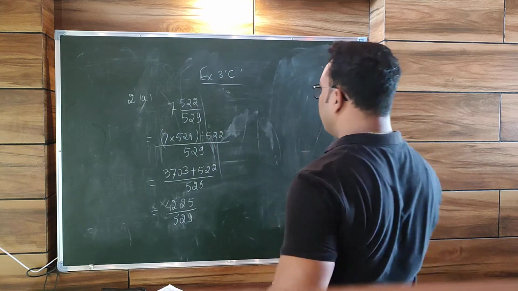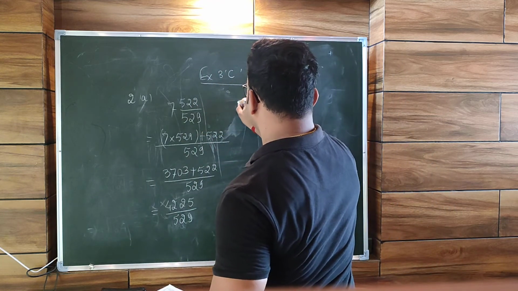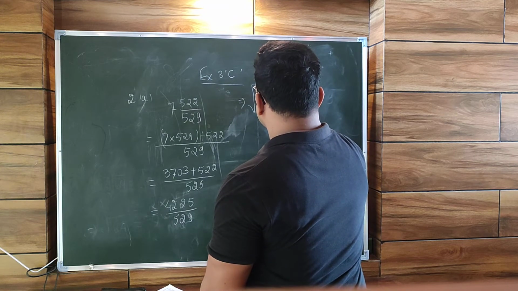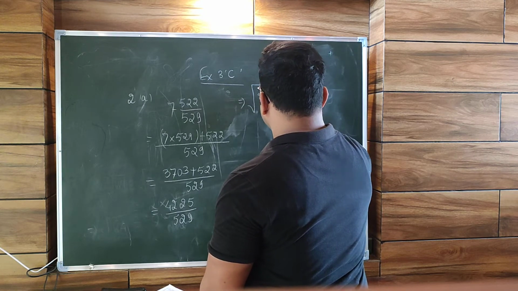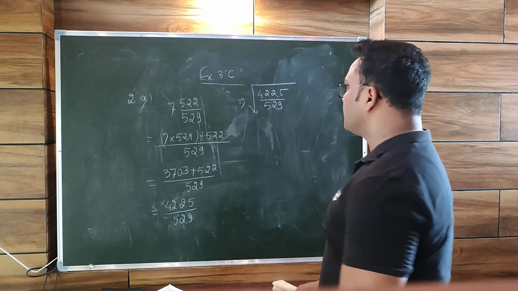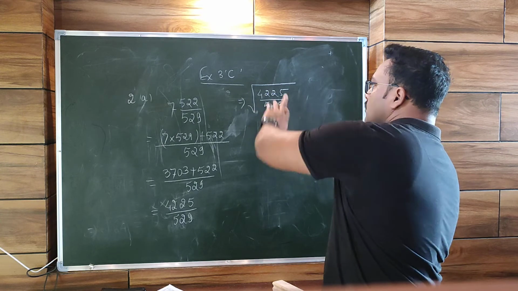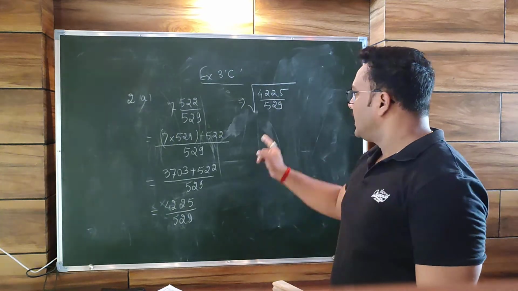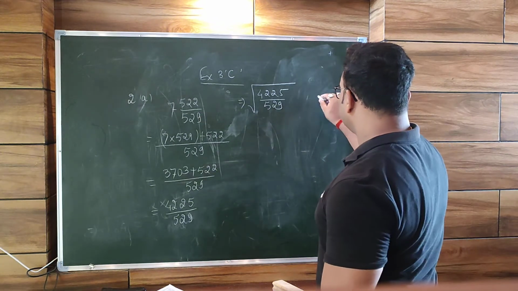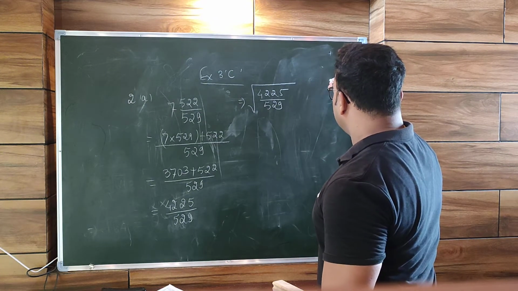Now you have to take the root of 4225 upon 529. So 2 times we have to find it. First we will go for the numerator, and next we will solve the denominator.